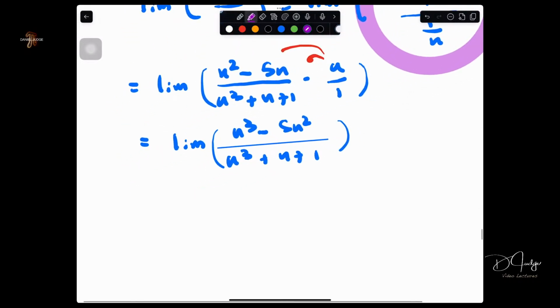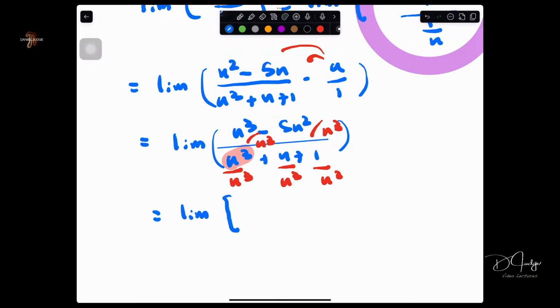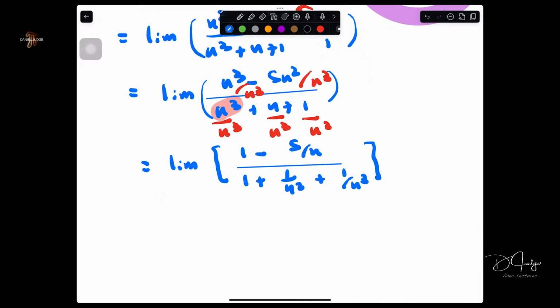So yet again, you get a Calculus 1 question where we divide every term by the variable with the highest power in the denominator. So we get the limit now of (1 minus 5 over n) over (1 plus 1 over n squared plus 1 over n cubed), as n goes to infinity.